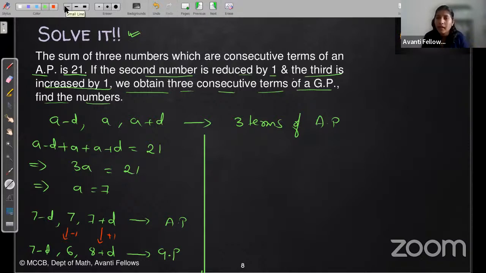Previously, during recall itself, we discussed: if A, B, C are in GP, what can we say about those three terms? Answer me in the chat box.